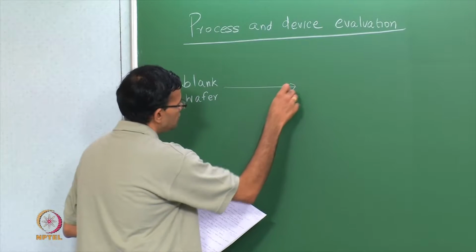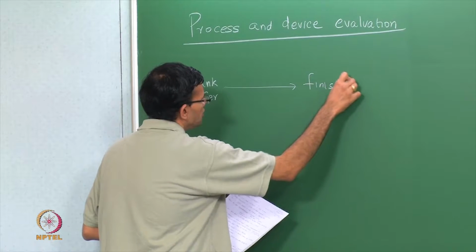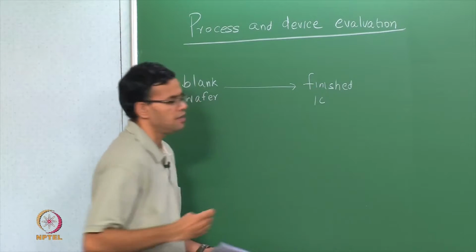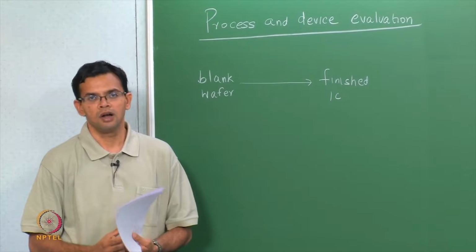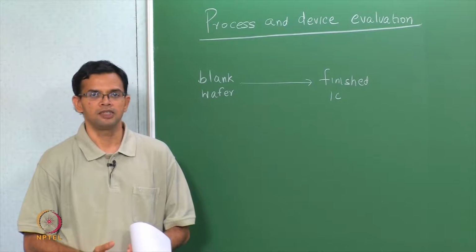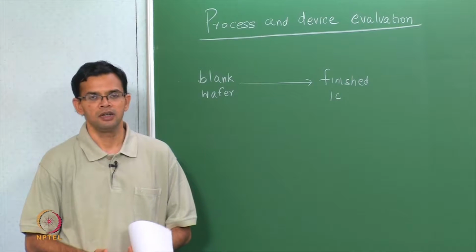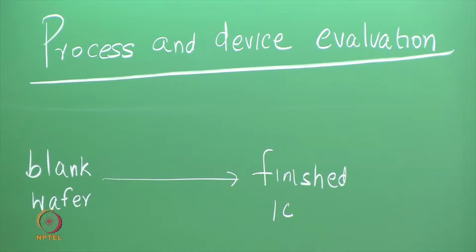At the end of this, you get the finished integrated circuit. So, usually this is a die, and a given wafer can have many dies. For example, a typical 12-inch wafer can have a few hundred dies. Each die represents one finished integrated circuit.